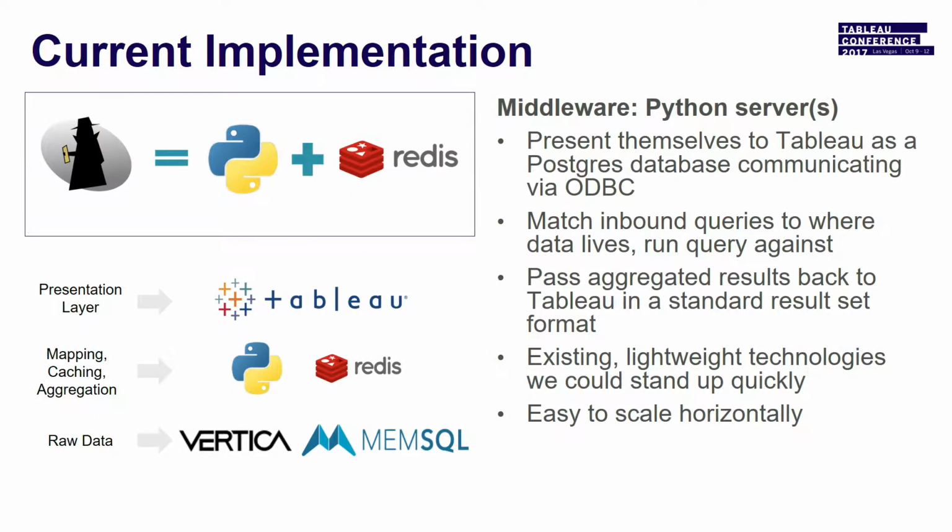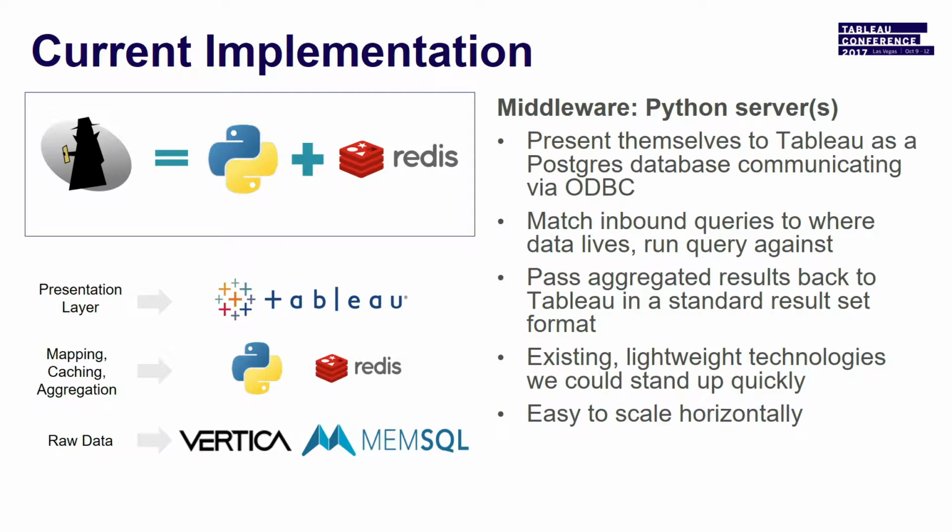So what we ended up doing is setting up this middle layer of Python servers. These actually go to Tableau and say, hi, I'm a Postgres server. Believe me. And so Tableau obligingly sends some queries for a dashboard. The servers look at the query and say, all right, where does this data actually live?